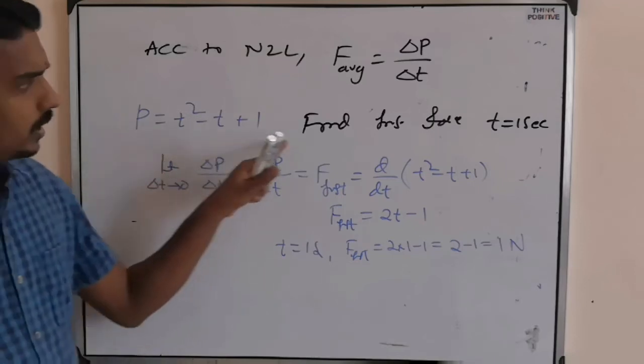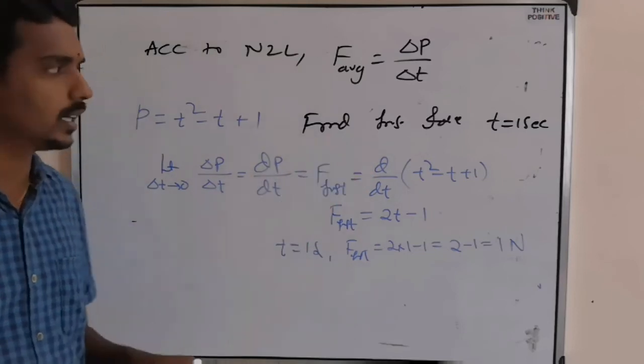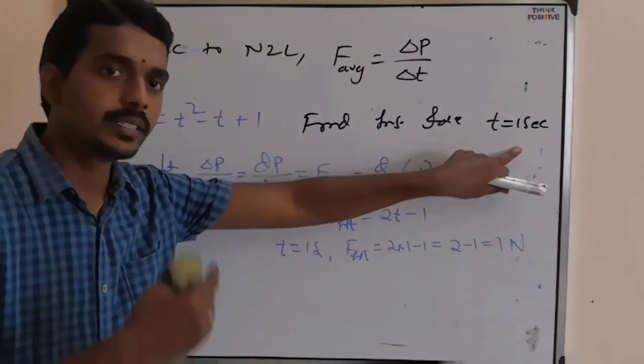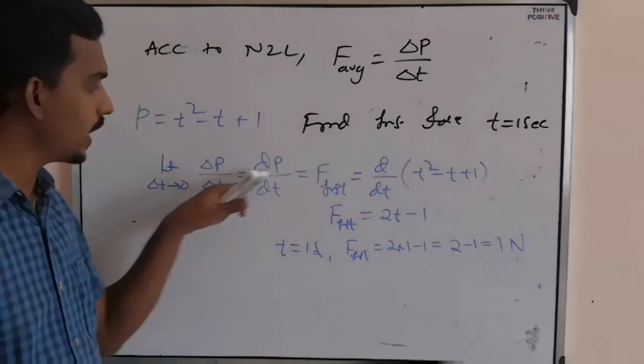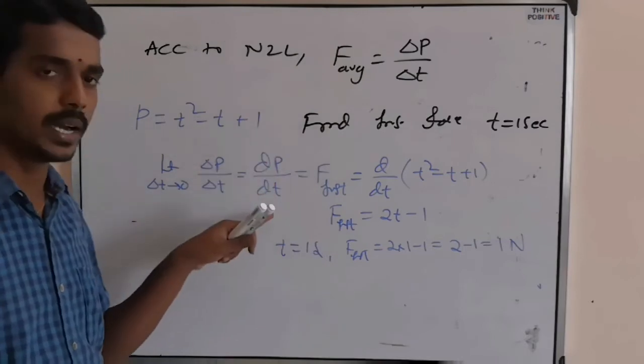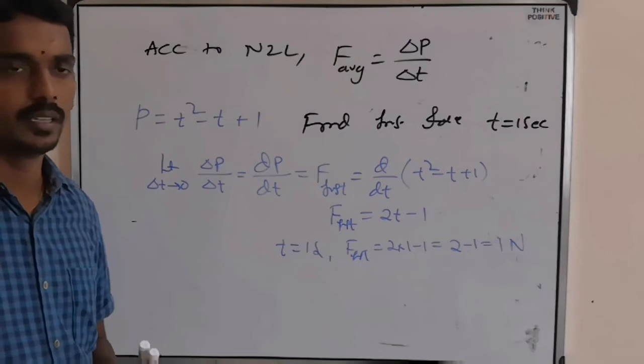So in this situation, you should immediately get the idea that at t equal to 1 second, instantaneous force means not delta p by delta t, but dp by dt. Then we have to use differentiation.